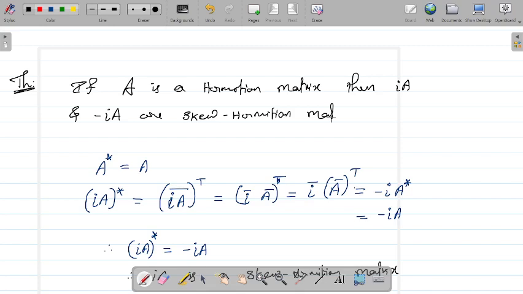If A and B are Hermitian matrices, prove that AB minus BA is a skew Hermitian matrix.